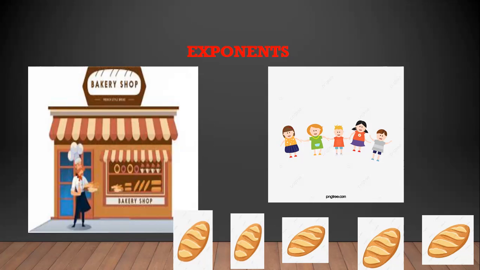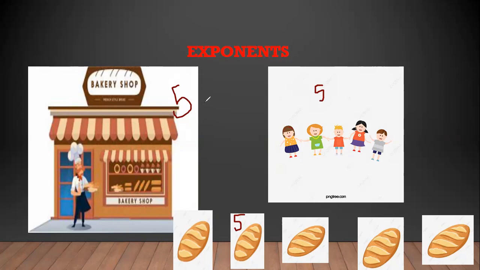Each one of them costs £5. So the numbers in this story are 5 friends, 5 pieces of bread and £5.